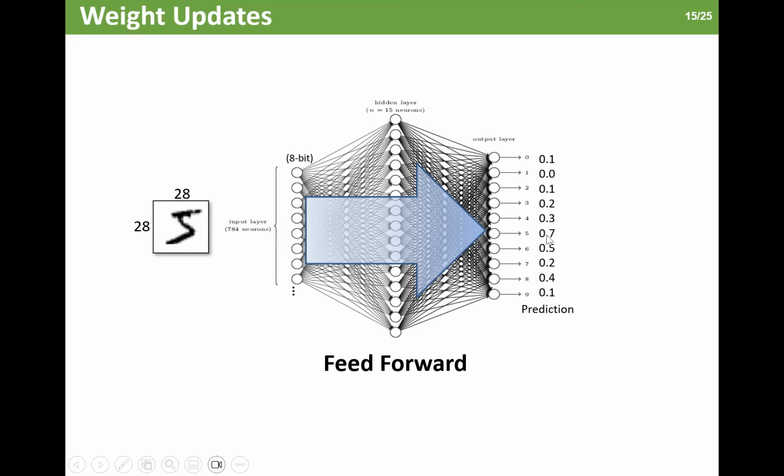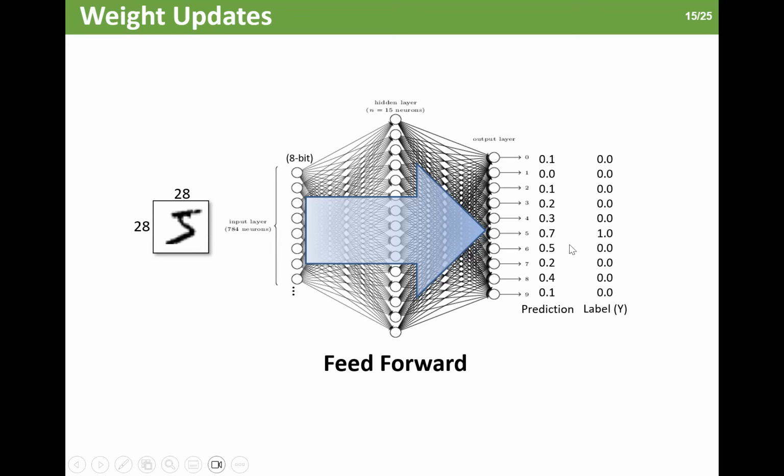I'm 70% confident that this is a 5, right? However, when you start off training, maybe you get the wrong result. This is the label, the one-hot encoded label. So definitely 100% this is a 5.